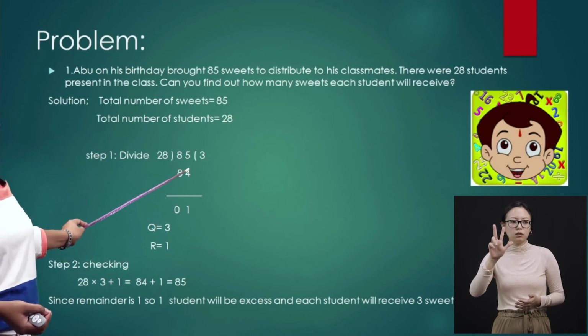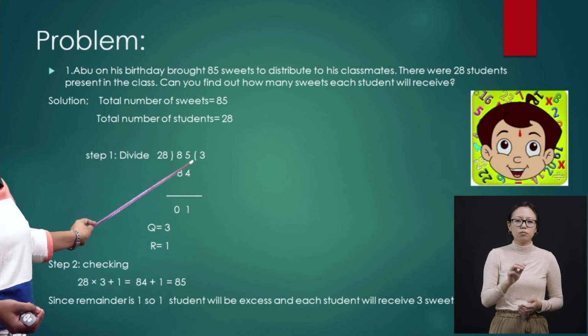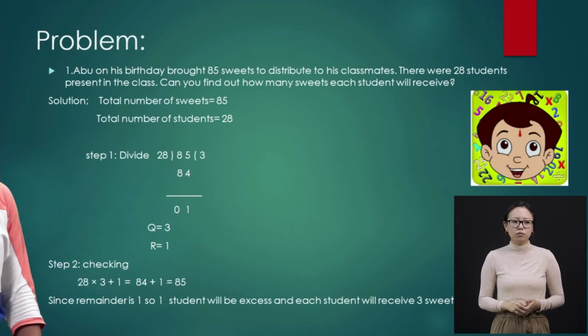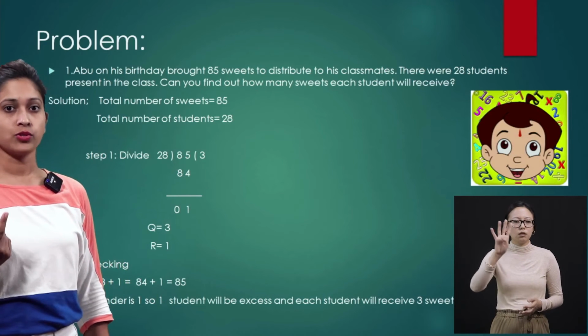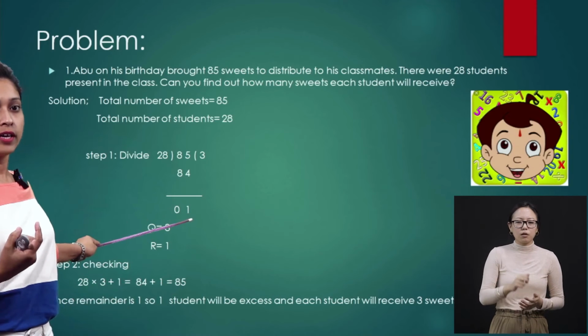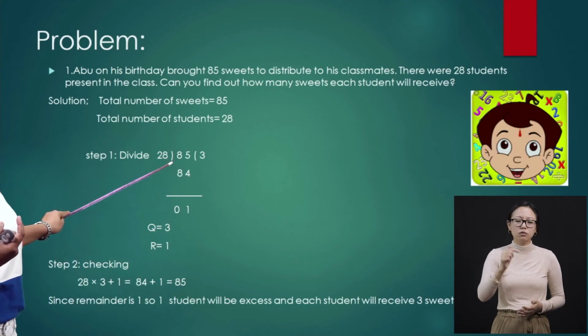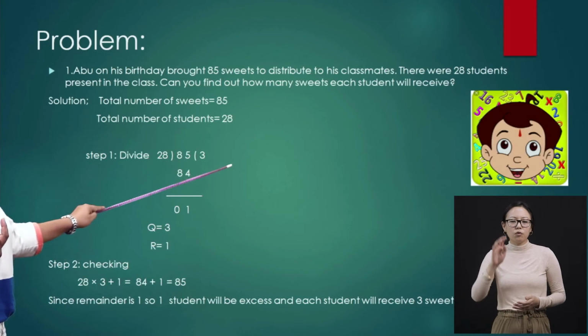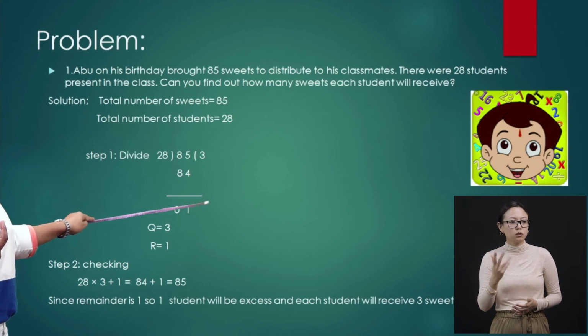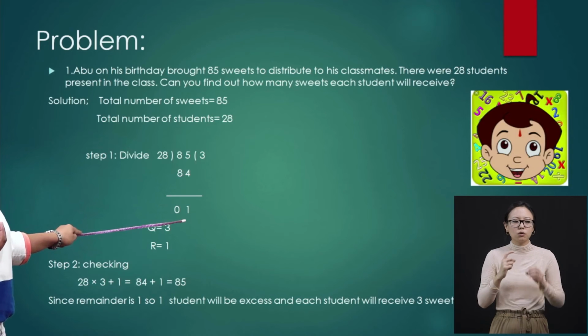Now, when you do subtraction, 5 minus 4, it's very simple, right? How much is it, children? It is just 1. So 5 minus 4, you got 1. And then 8 minus 8, you'll get 0. So quotient, how much did we get? We got 3. And then remainder is just 1, right?